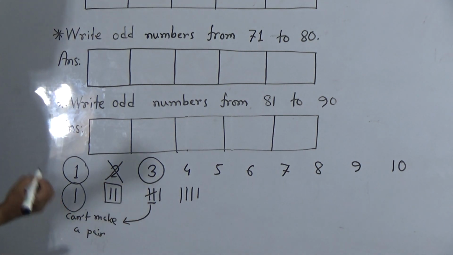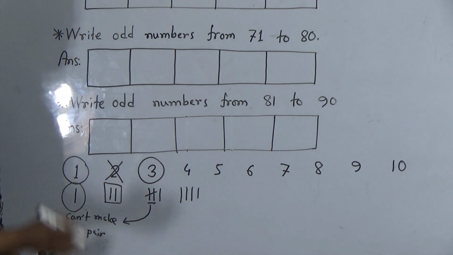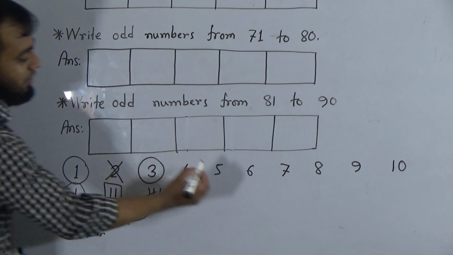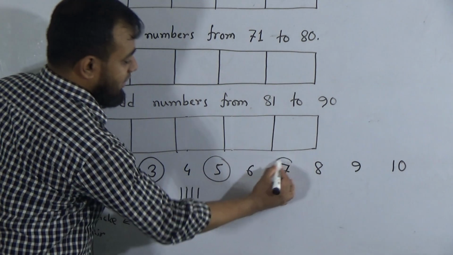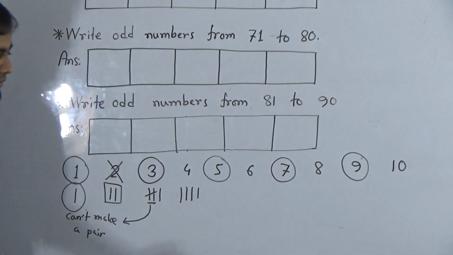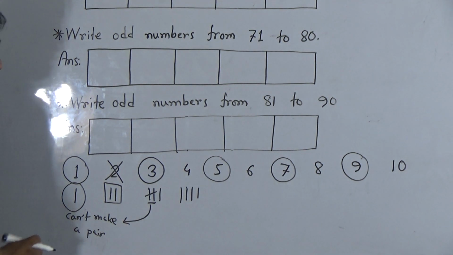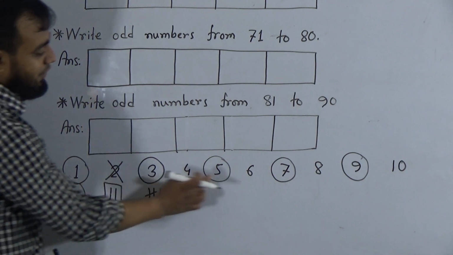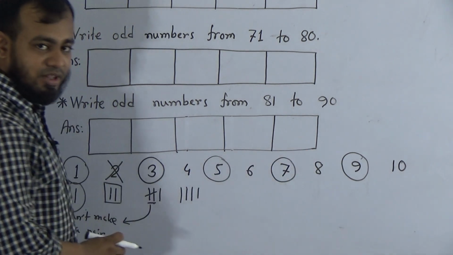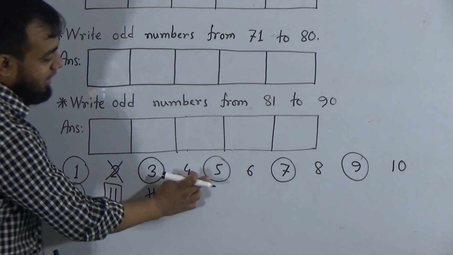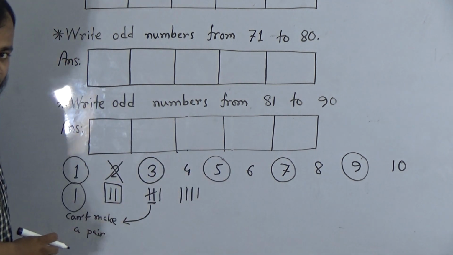Like this, my dear students, we already know from the half-yearly examination that 1, 3, 5, 7 and 9, these 5 numbers from 1 to 10 can't make a pair. That's why the numbers 1, 3, 5, 7 and 9 are odd numbers.